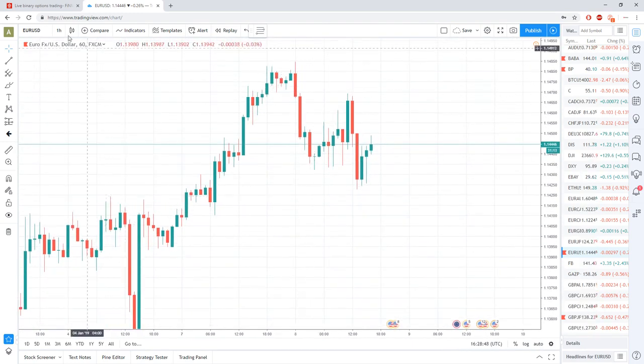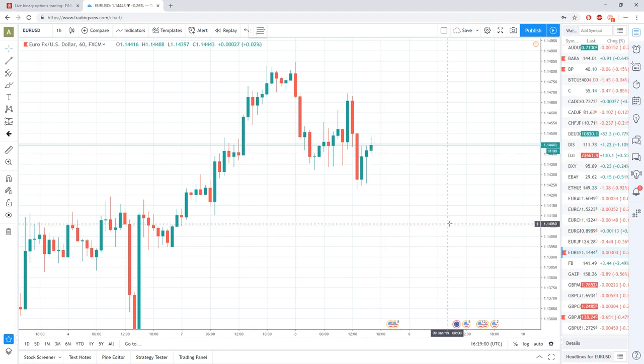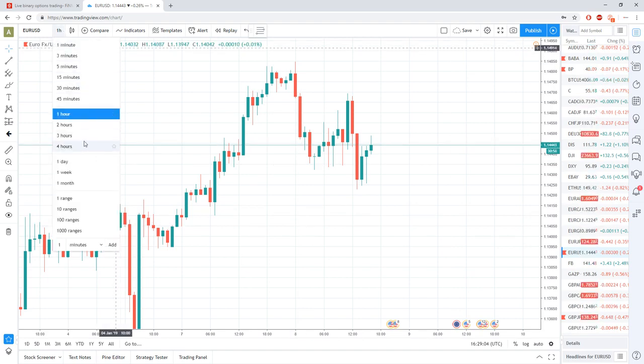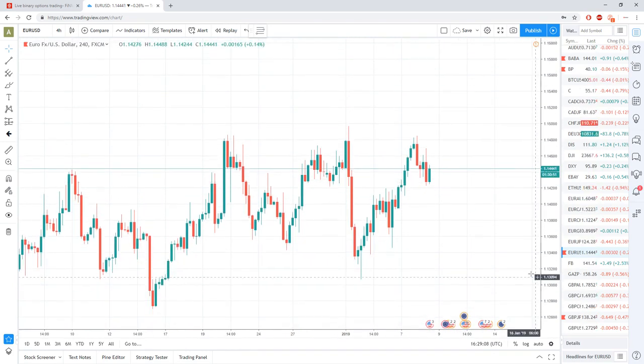What does it mean? 1H, you see here. It means that each candle, each line on the chart, will represent the change of price within 1 hour. If we change it to 4 hours, it's going to reflect the price change within 4 hours. Okay?